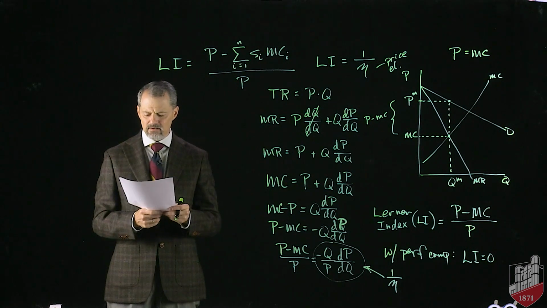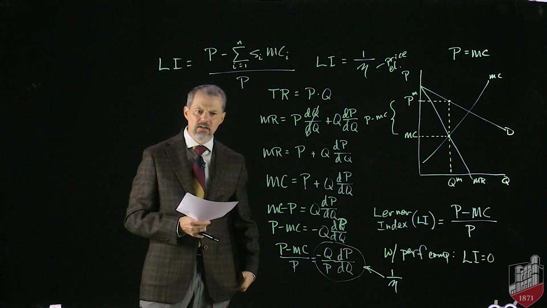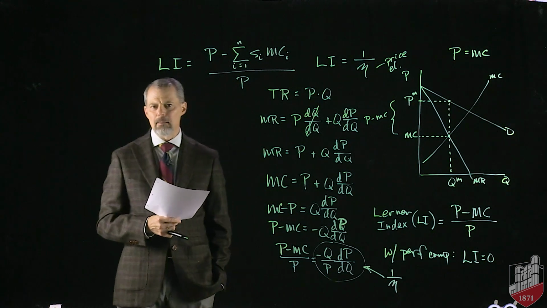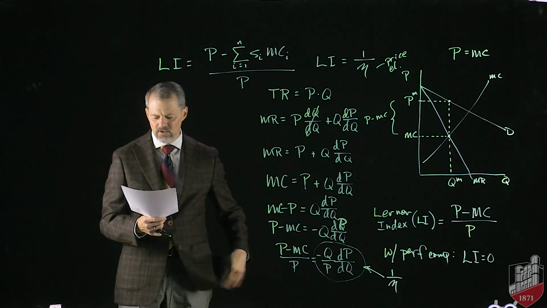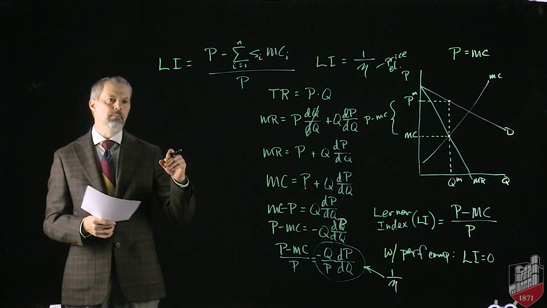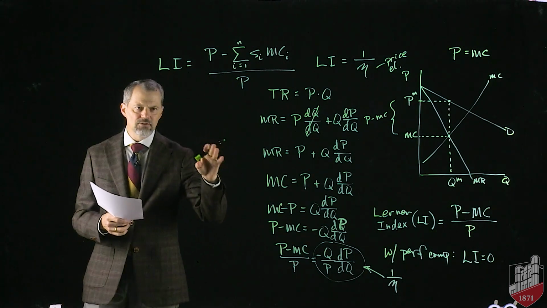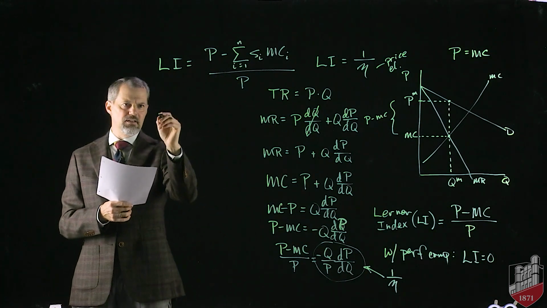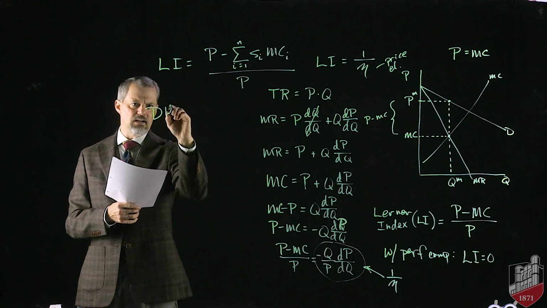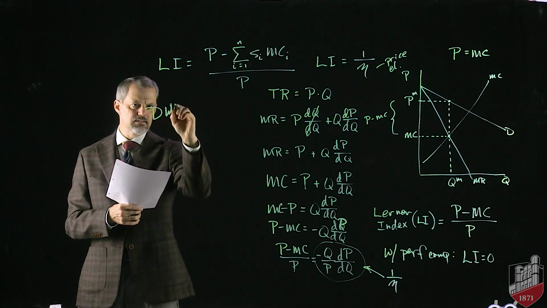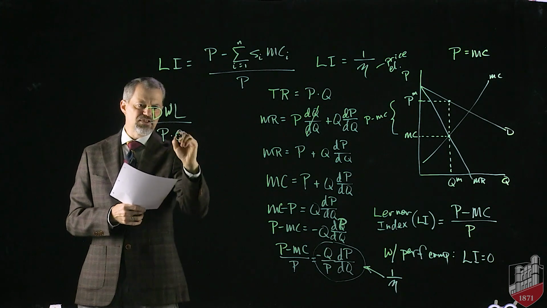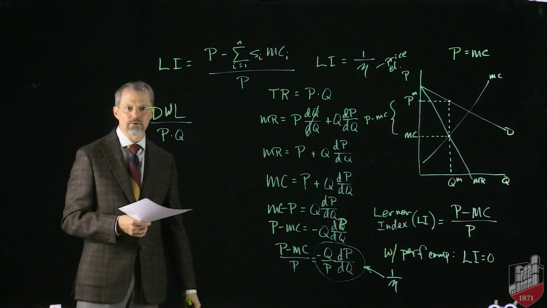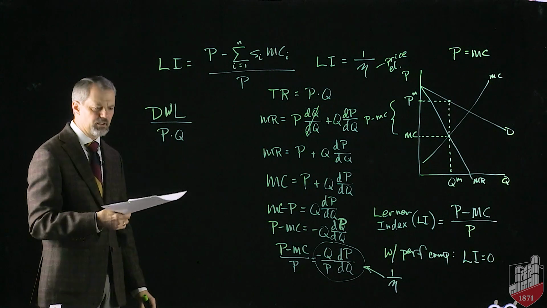Let's think about actually empirically coming up with a measure of the deadweight loss of monopoly, and that can be challenging. We can do a little bit of algebra and demonstrate this conclusion. The deadweight loss of monopoly as a percentage of industry sales, so this is just revenue in the market.